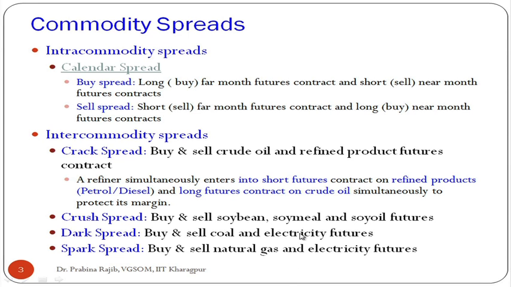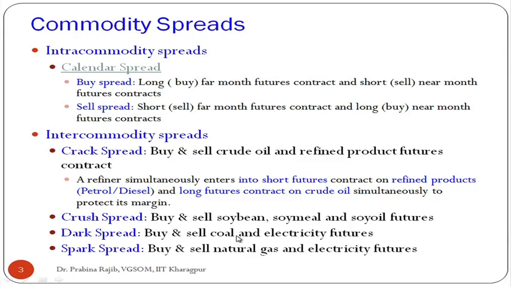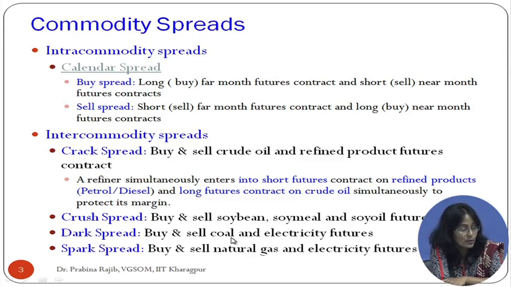In India we do not have electricity futures available. Also, to my knowledge, we don't have coal futures listed in any of the commodity exchanges. So traders cannot take benefit of these two spreads. However, traders can take benefit of crack spread and cross spread.